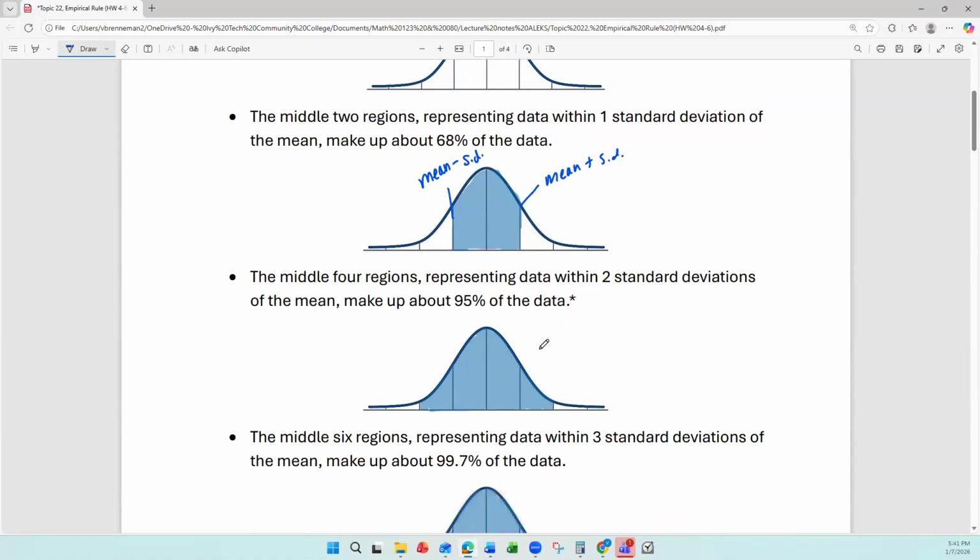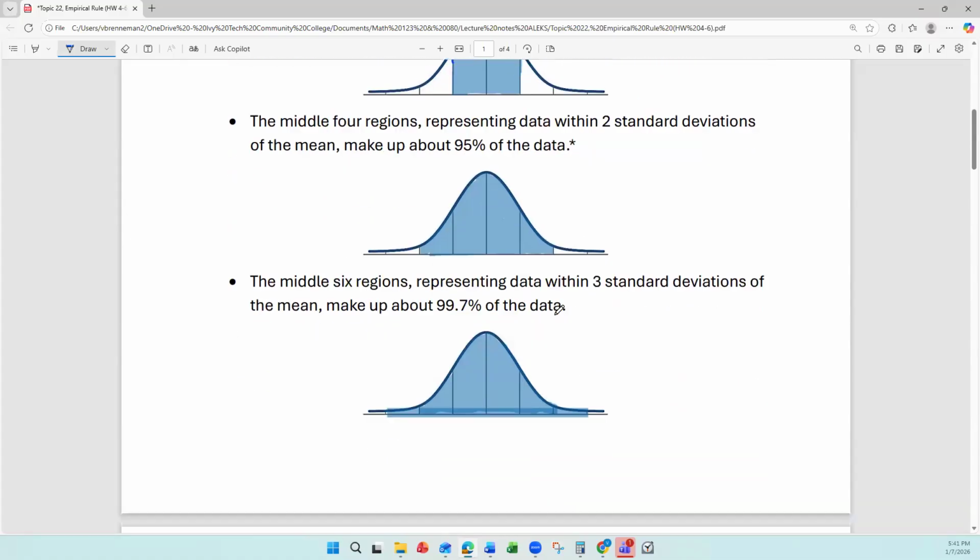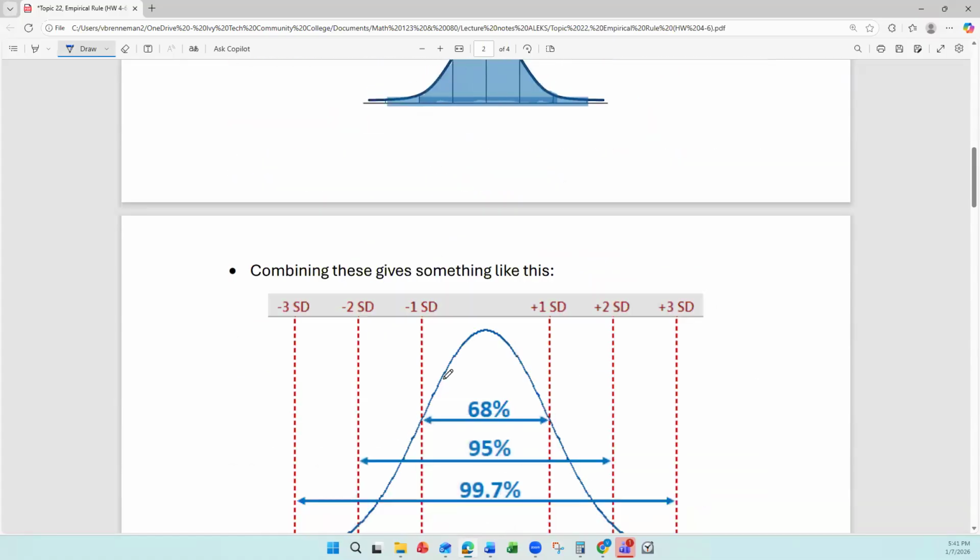And then if we go out and add the standard deviation to the mean twice and subtract the standard deviation from the mean twice, that covers now 95% of the data between those two values. And then if we go one more standard deviation in either direction, now we're including 99.7% of the data.